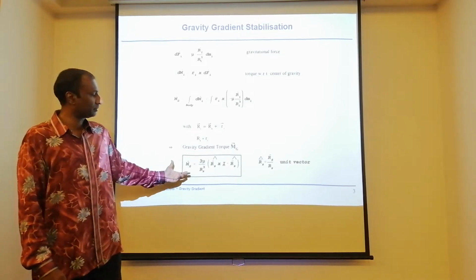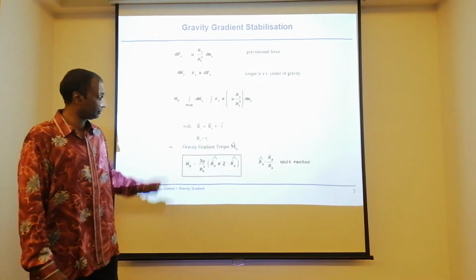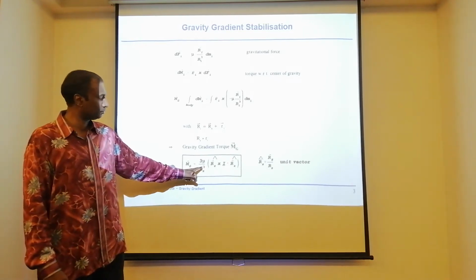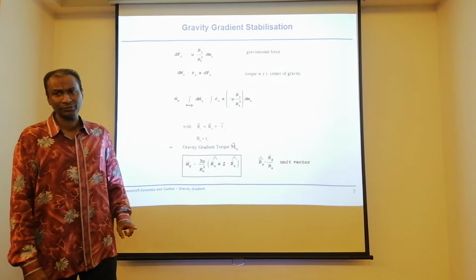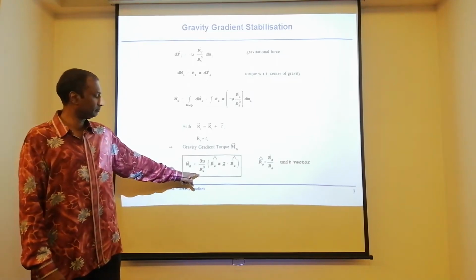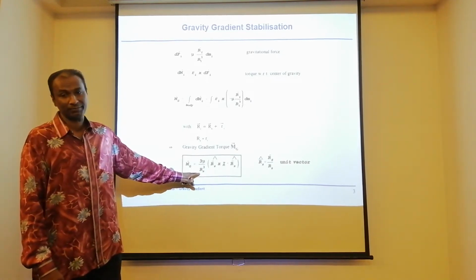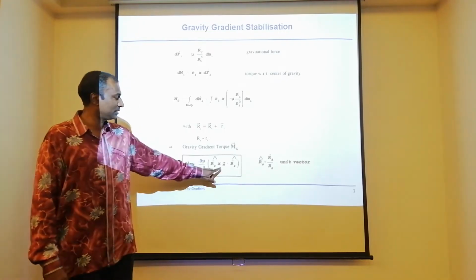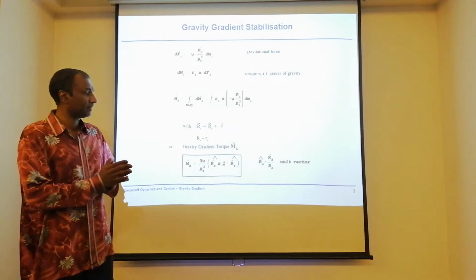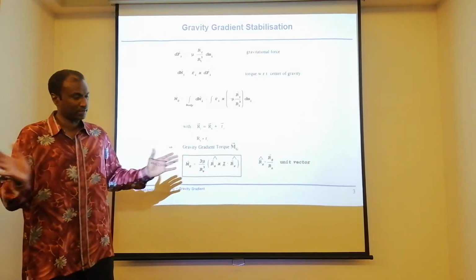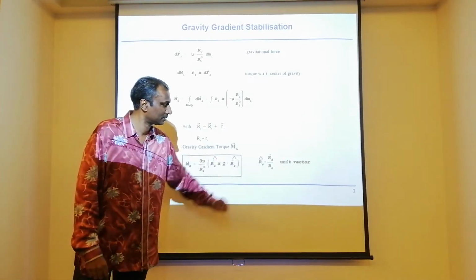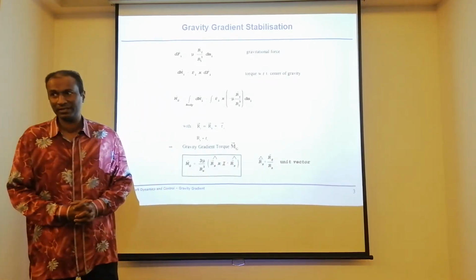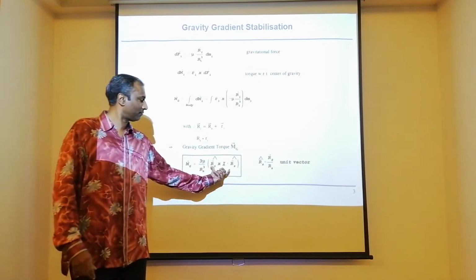The actual gravitational torque I define as a vector, proportional to the gravitational constant, and dependent on the distance and the inertia. Since R is so huge, I just say that R hat is a unit vector, and I write it in this form.